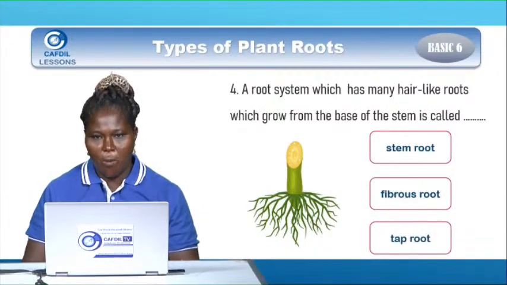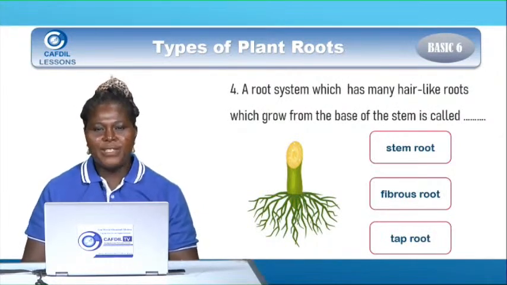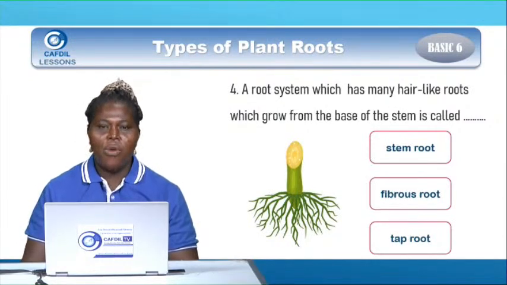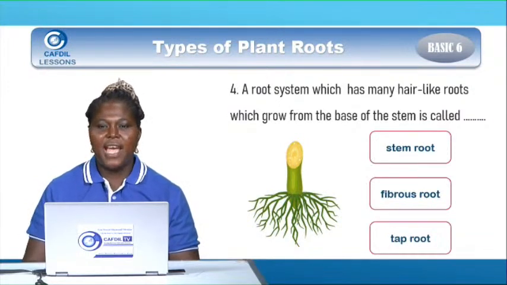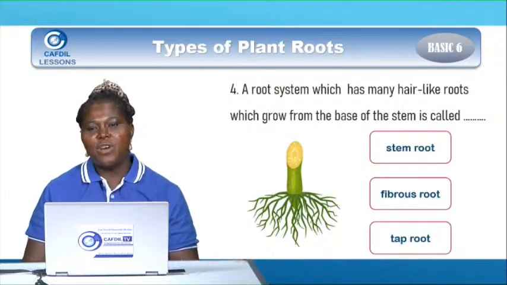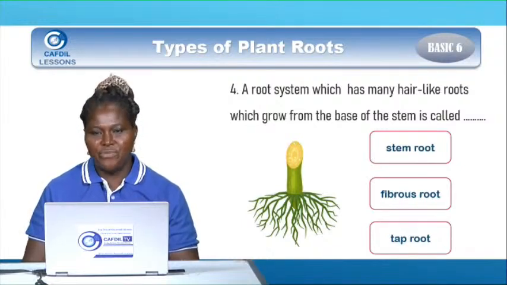Question number 4. A root system which has many hair-like roots which grow from the base of the stem is called: stem roots, fibrous roots, or tap roots.